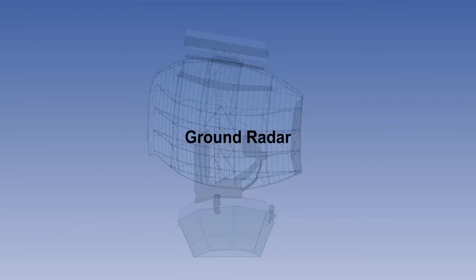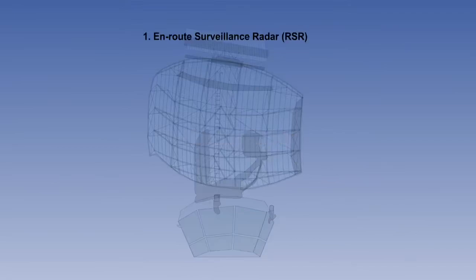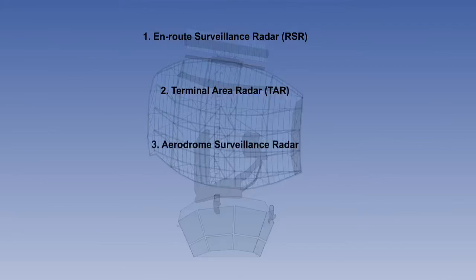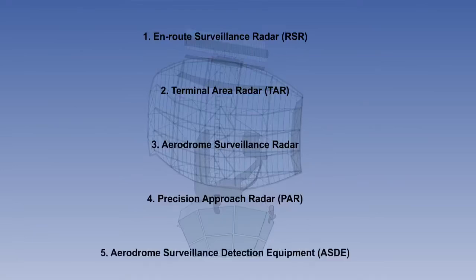Primary radar systems used by ATC include Area Surveillance Radar (RSR), Terminal Area Surveillance Radar (TAR), Aerodrome Surveillance Radar, Precision Approach Radar (PAR), and Airport Surface Movement Radar.